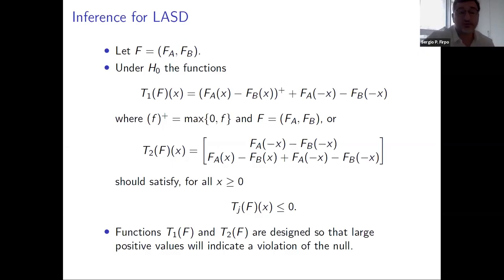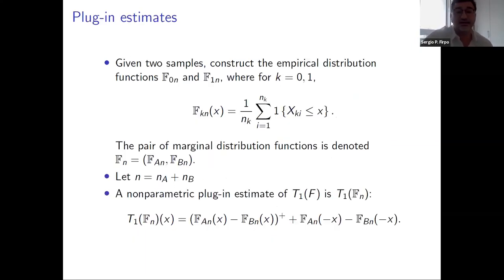You can construct those functionals this way. One way to detect whether a null hypothesis that A dominates B is violated is by looking at what happens to this T function here. If it's positive, then it's a violation of the null, and you can test for those T1 and T2 being positive. So that's basically what we do.